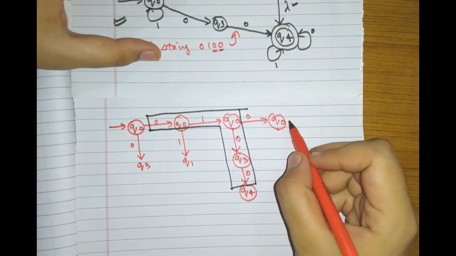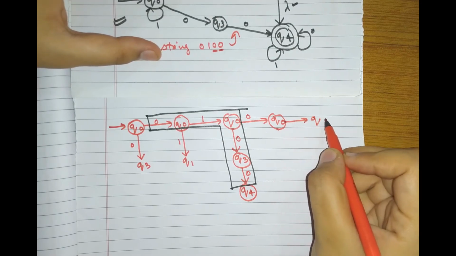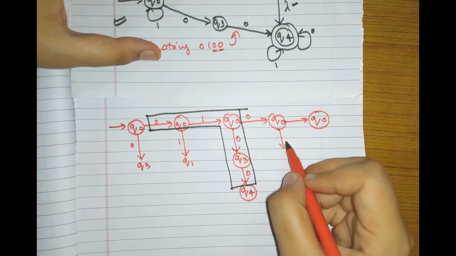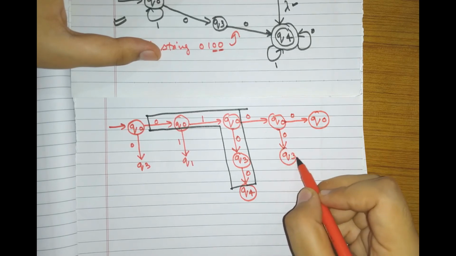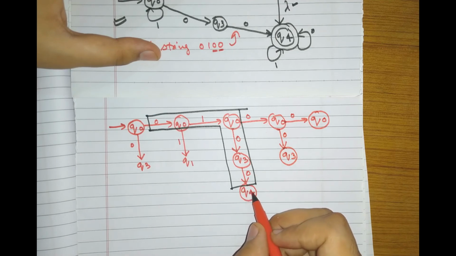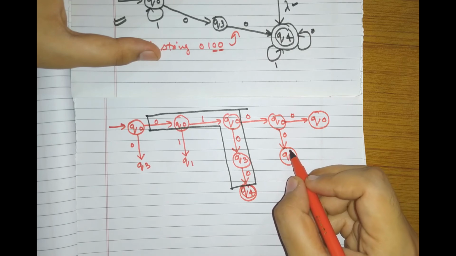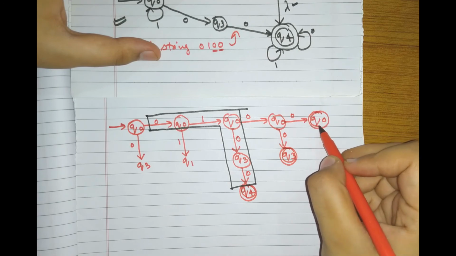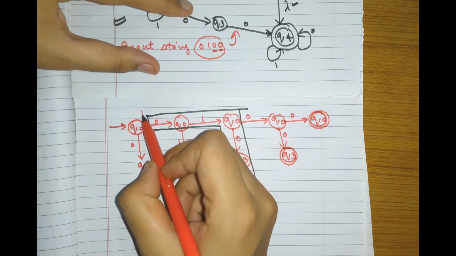Again, when we are in state q0 and receive the remaining input, we enter the next state, that is q0, and the next state is also q3. So q4 acts as a final state, q3 will also act as a final state, and this q0 will also act as a final state.